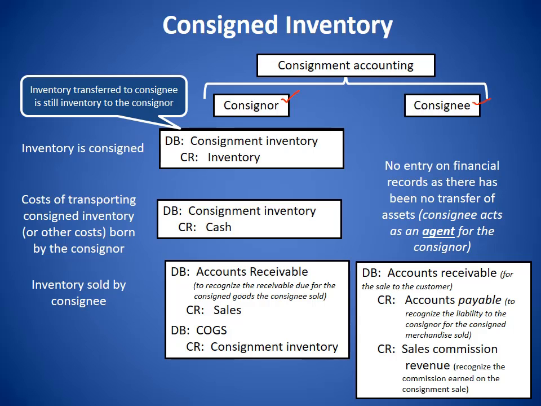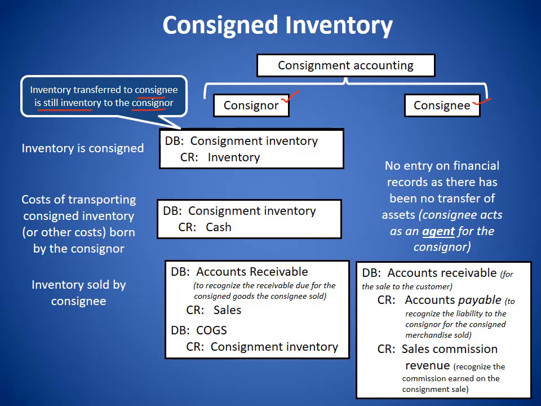Okay, inventory that is transferred to the consignee is still inventory to the consignor. In other words, it's on the consignor's books, even though the consignor has basically shipped that inventory to this entity called the consignee.